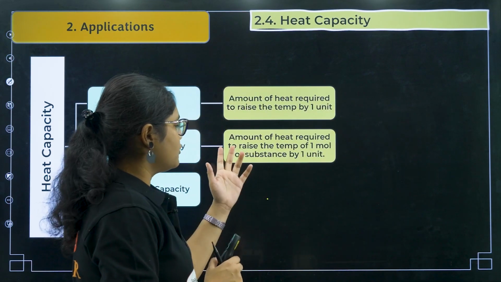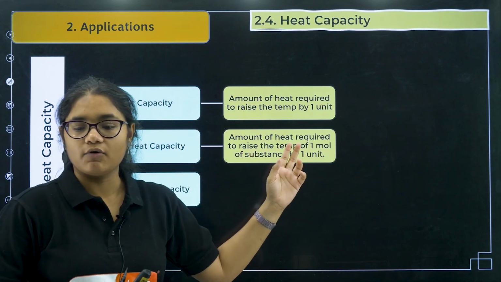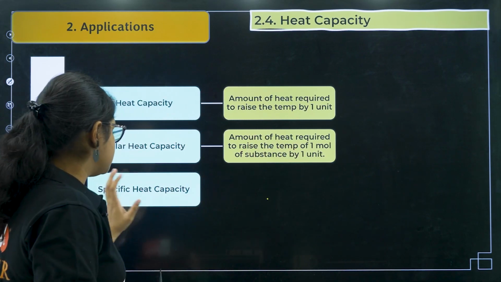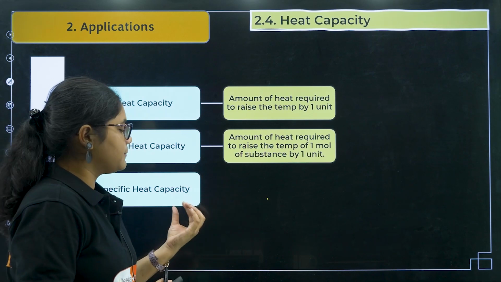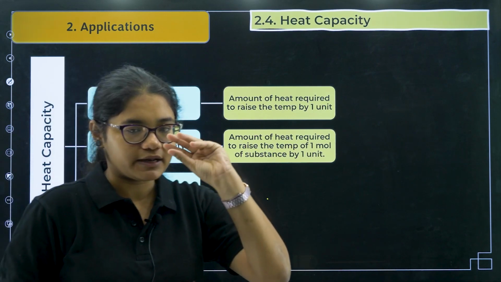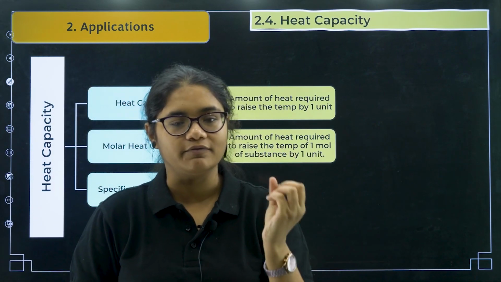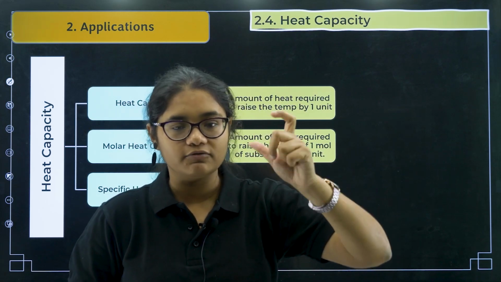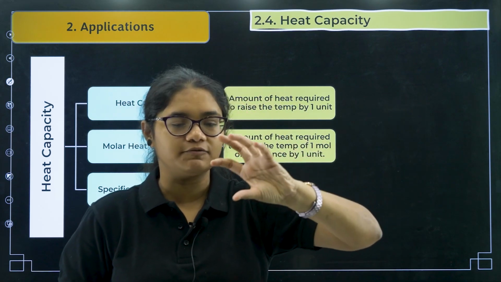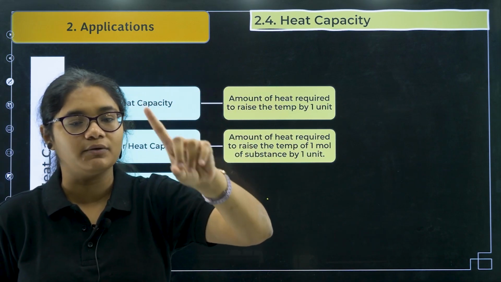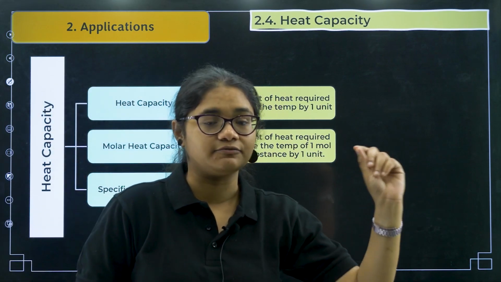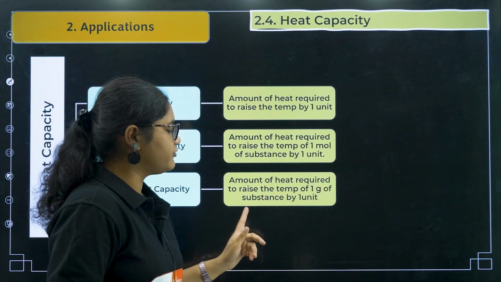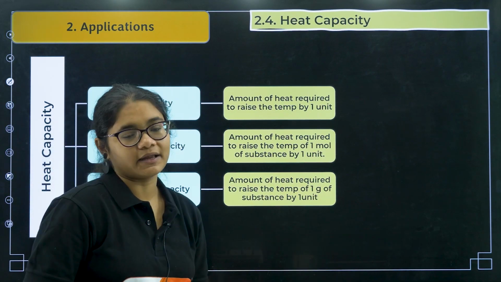Okay, next, specific heat capacity. Specific heat capacity means 1 gram. If you are taking 1 gram of a substance and you are providing heat and raising its temperature by 1 degree, how much heat do you need to give that 1 gram of substance to raise its temperature by 1 degree? That is called specific heat capacity.